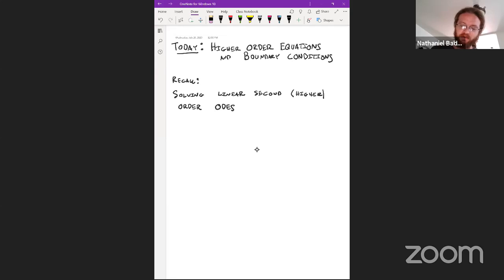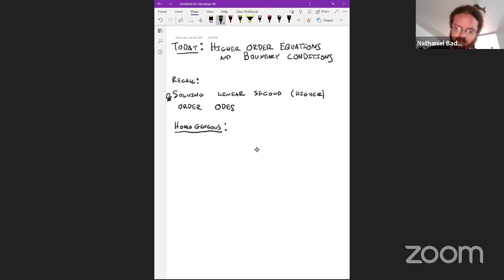And we already looked at the first case, which is the homogeneous case. I'm going to do everything here in terms of second order ODEs, but this of course generalizes.